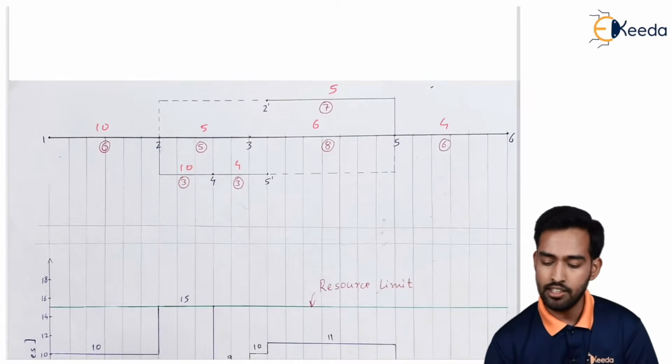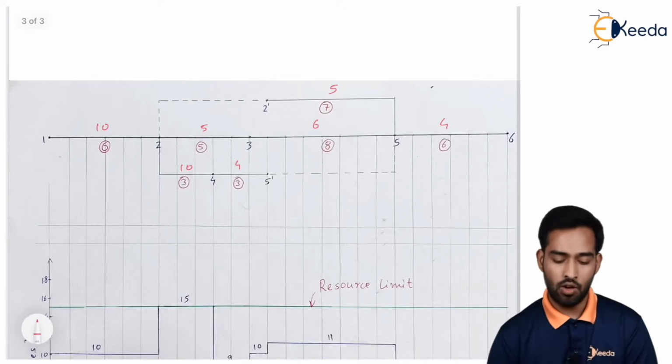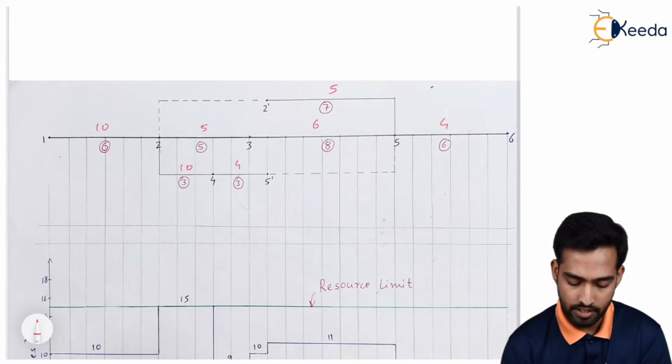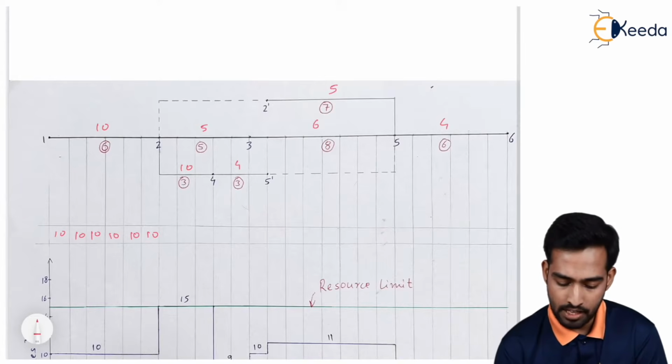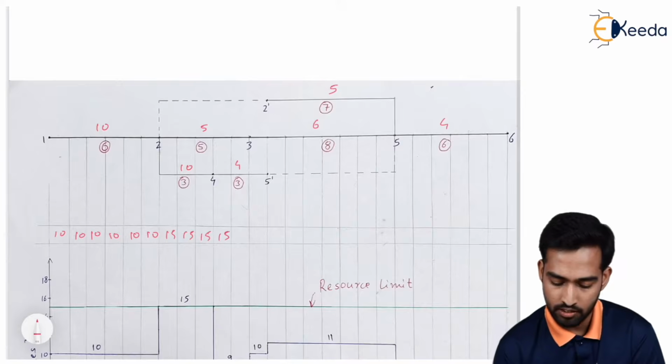Now we have to calculate the total number of resources required, that is 10, 10, 10, 10, 10 and 10. Now over here 10 plus 5, that is 15, 15, 15, 15.